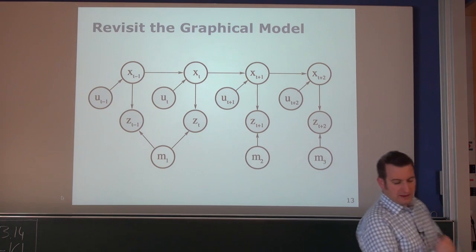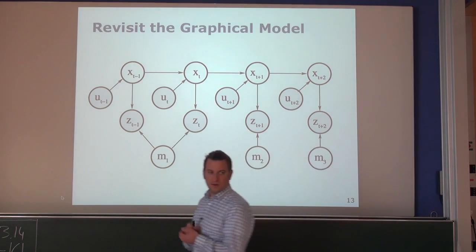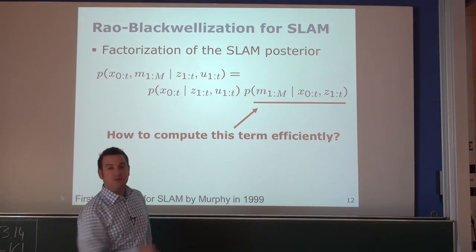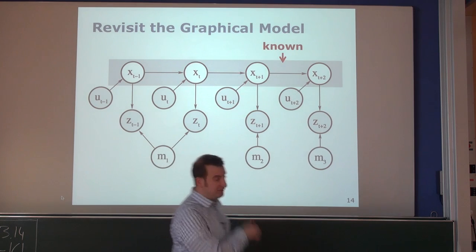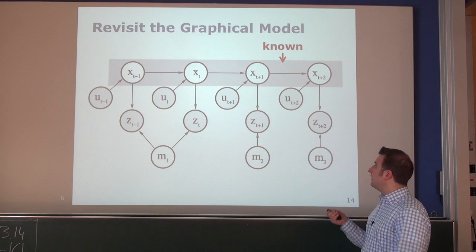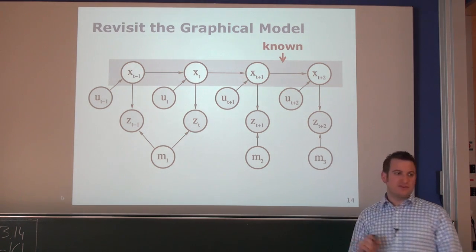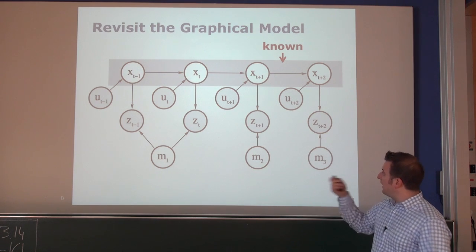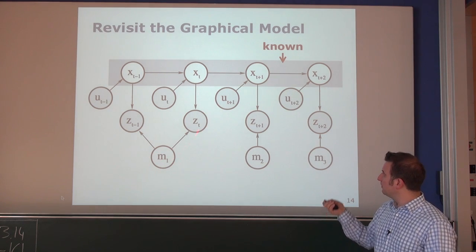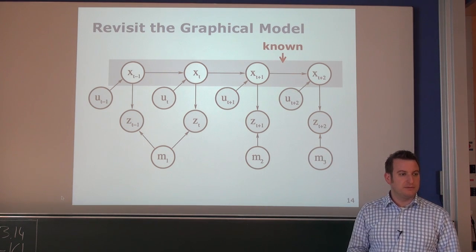Okay, now say we know the poses of the system. That's what we want to estimate over here, but we assume that we know all the poses. So all these variables up here are known. As a result, you can't find any path from any landmark to another landmark which doesn't go through these known variables.